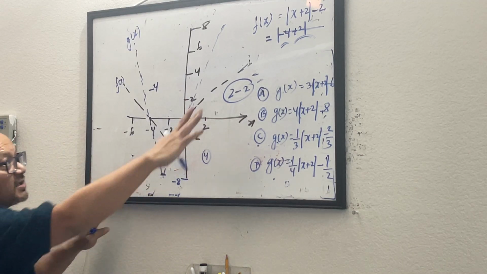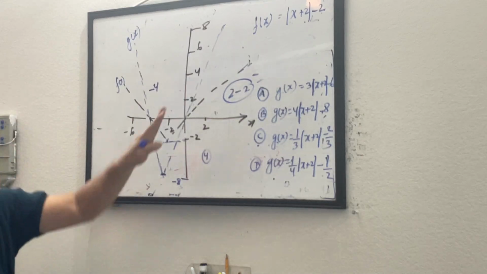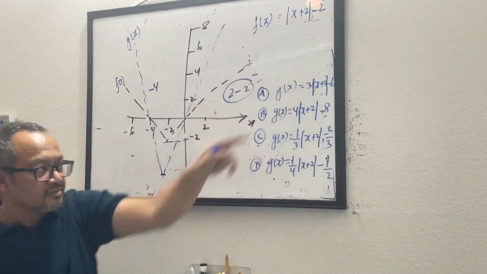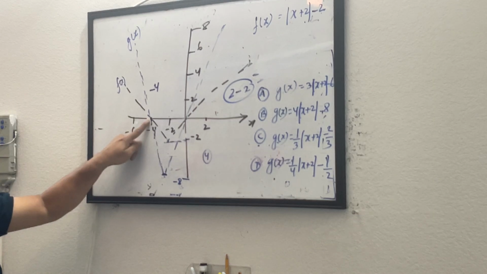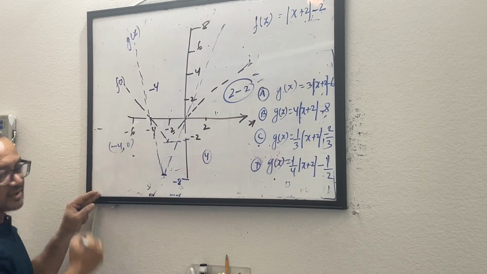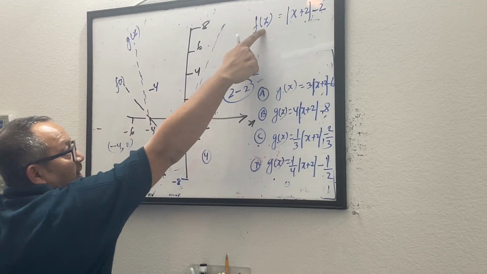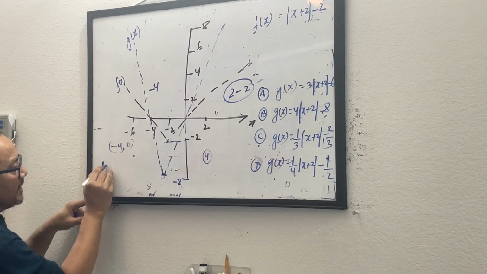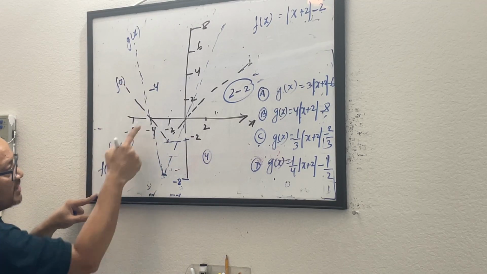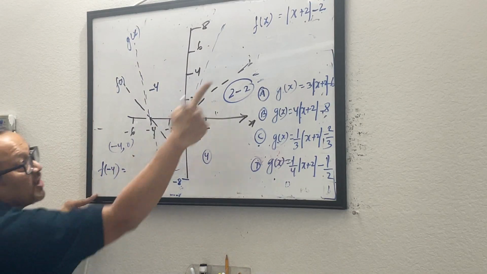Yeah. Let's look at this function, f of x equal to, this is the function given to us, right? F of x equal to mod of x plus 2, minus 2. Let's look at this point. This point is minus 4 comma 0, correct? Now, if I look at the value of f of x, this black line, for this particular point, when x is minus 4, what will be the value of this?